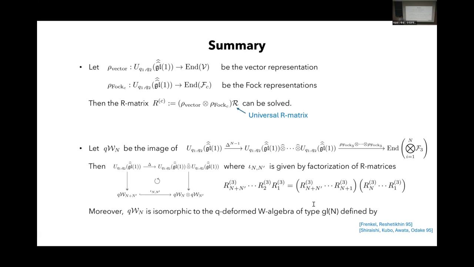First you map it through n-1 times of the coproducts, so it will map to n factors of the quantum algebra. And you further map it through tensor products of n copies of the Fock representations. Here I chose the orientation to be all three, so they're all aligned to each other. So there will be some set of operators on the tensor products of the Fock spaces F_3. That image is called QW_N.